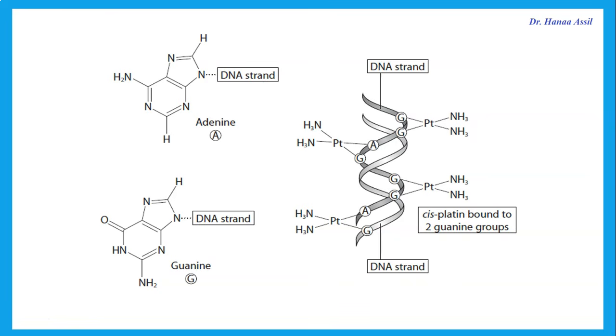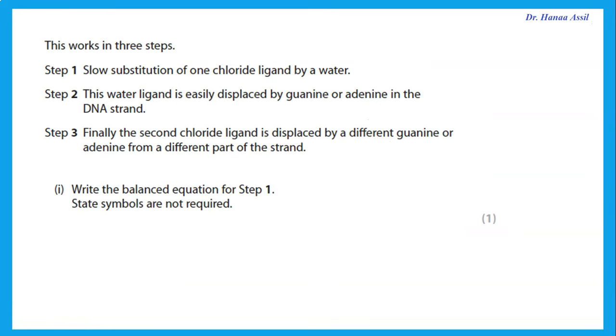These are nitrogen bases on the DNA molecule, and we're told that this is how the cisplatin binds to the DNA. So the platinum part binds with 2 of the bases, and this interferes with the replication of the DNA, so the cells cannot replicate themselves.